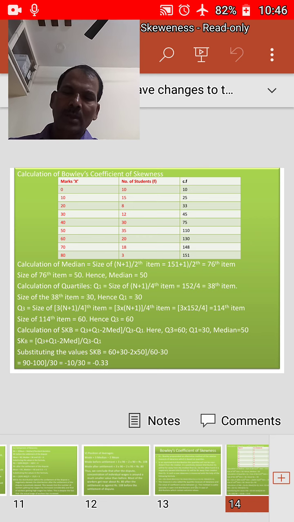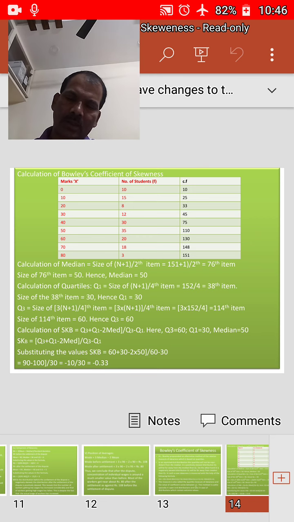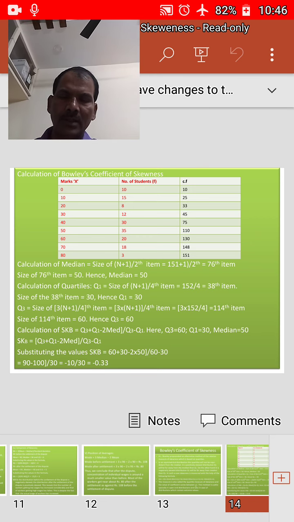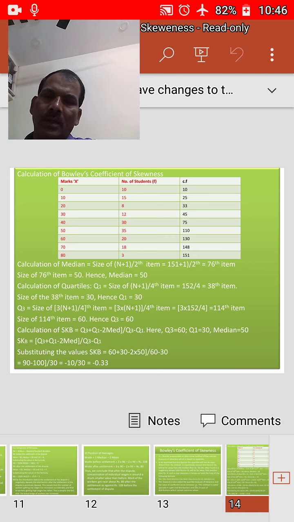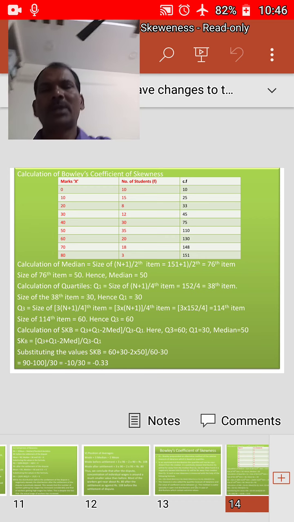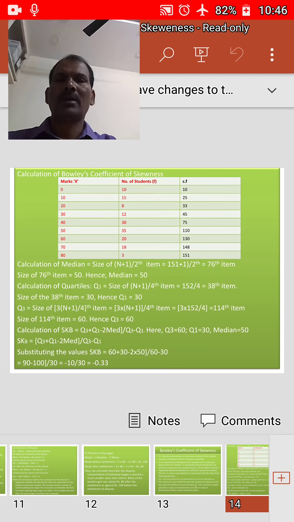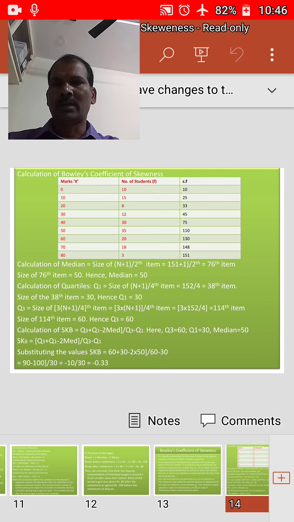In order to calculate Bowley's coefficient of skewness, we need to calculate the cumulative frequency. The information given by the examiner is indicated in red color, and the cumulative frequencies we are calculating are given in black color.